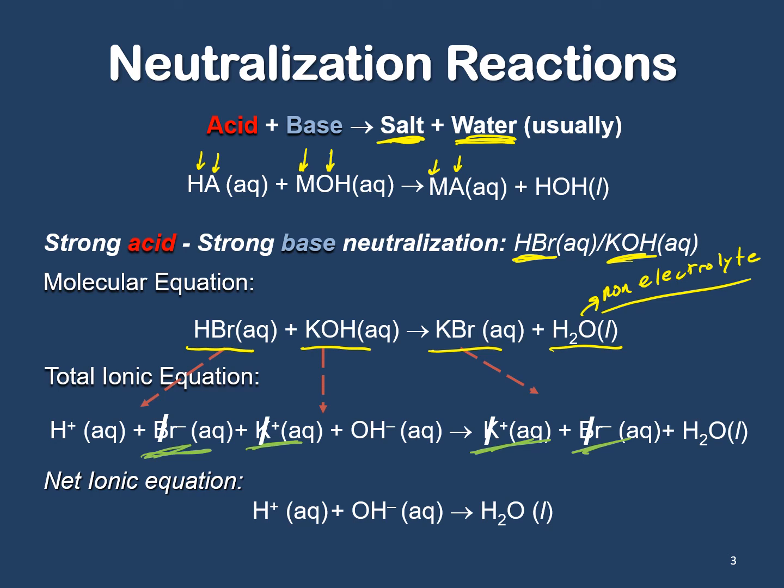All strong acids and bases, when reacting with each other, always simplify to the same net ionic. But if one of them is weak, we get a much different net ionic equation, and this is an important distinction between when we have strong reacting with strong versus strong base reacting with weak acid. So let's do an example of that.